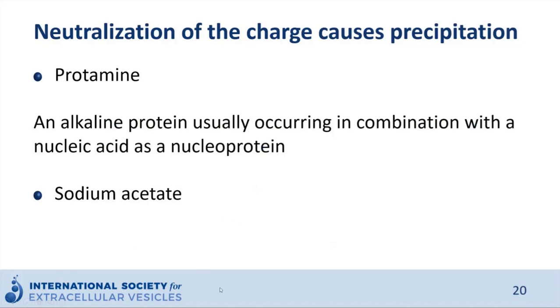Protamine and sodium acetate are commonly used in charge-based precipitation. Here, both reagents are alkaline and could easily neutralize the EV negative charge and cause them to precipitate.